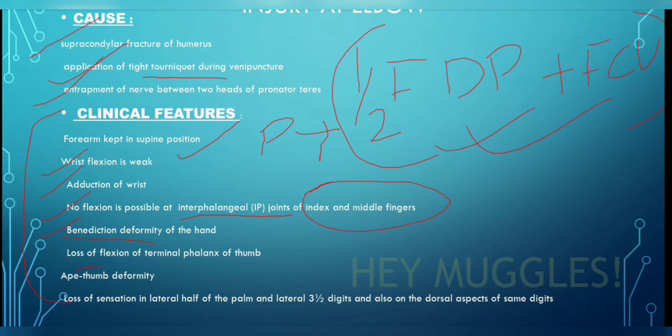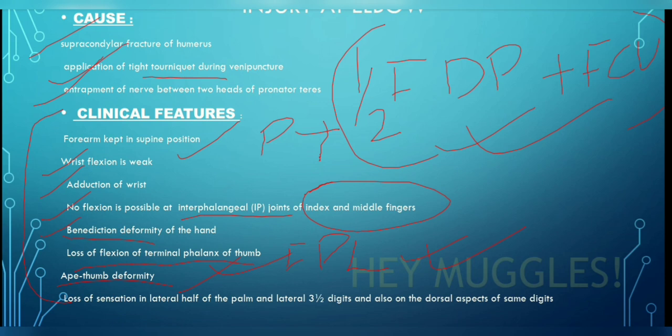Then there is loss of flexion of the terminal phalanx of the thumb, and it is due to paralysis of your flexor pollicis longus. So flexor pollicis longus muscle is paralyzed, and due to that there would be no flexion possible at the terminal phalanx of your thumb. Then there would be ape thumb deformity, right? We already know what is ape thumb deformity.